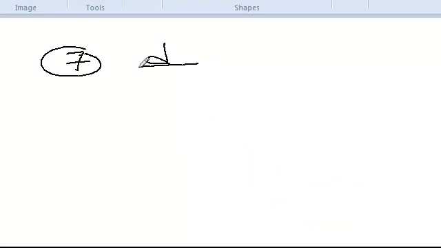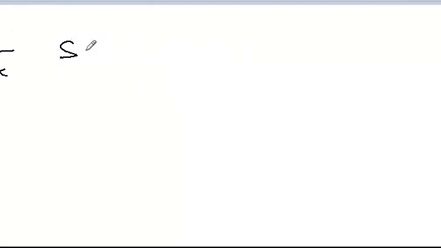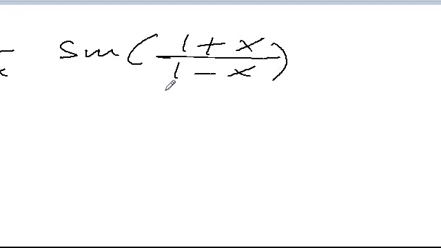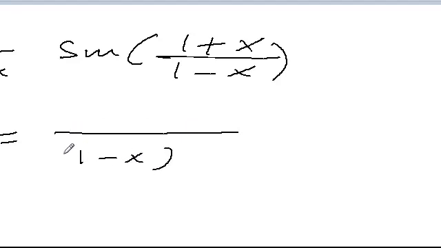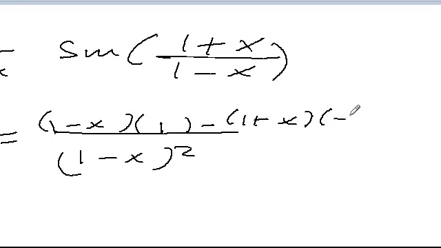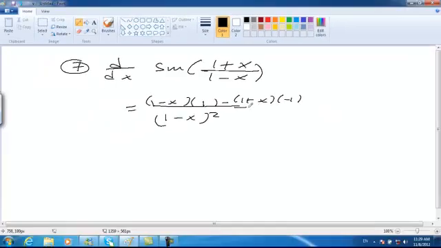Example 7: d by dx sine of 1 plus x divided by 1 minus x equals the derivative of the angle as a quotient, over 1 minus x all squared: 1 minus x times the derivative of the numerator 1, minus 1 plus x times minus 1, cosine of 1 plus x over 1 minus x.